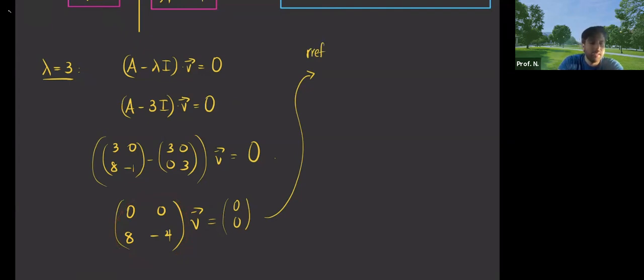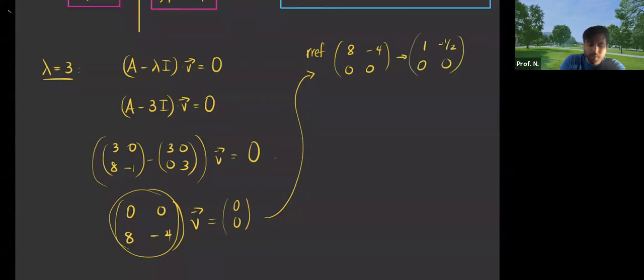What's the row reduced echelon form of this? Usually we put the zeros in the bottom, so we can switch the rows. And you get 8, -4, 0, 0. And then if you really want to go all out and get the row reduced echelon form, this becomes 1 and -1/2, and this is 0, 0.